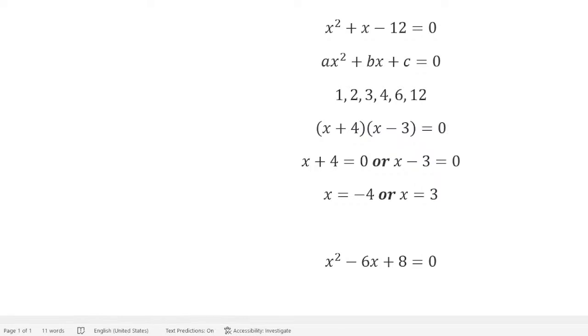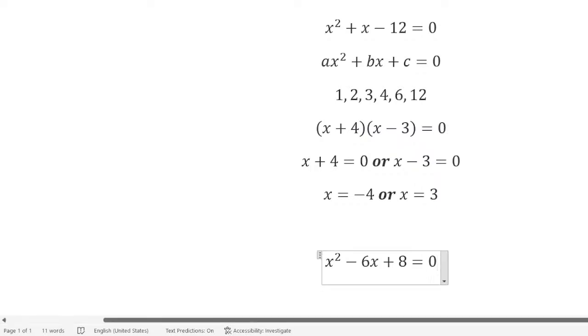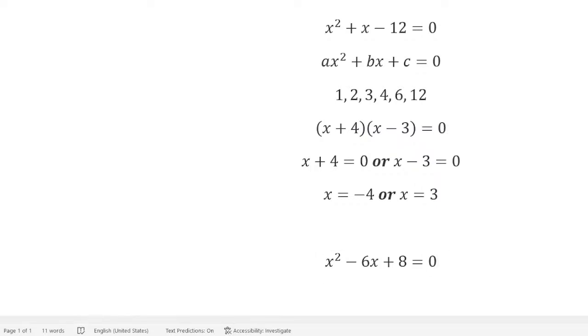I'm giving you 2 minutes, and your time starts now. What you need to do, just do it and send it via WhatsApp.